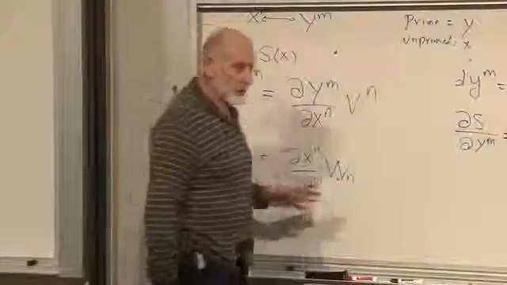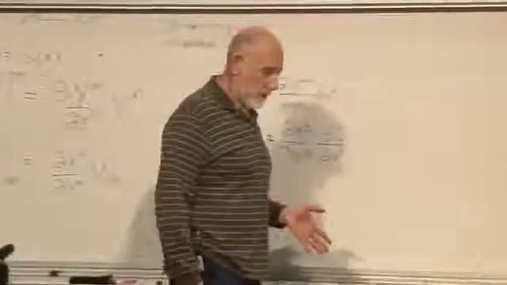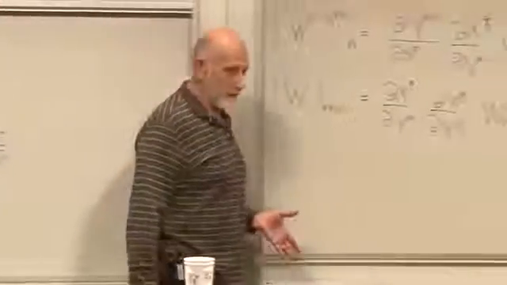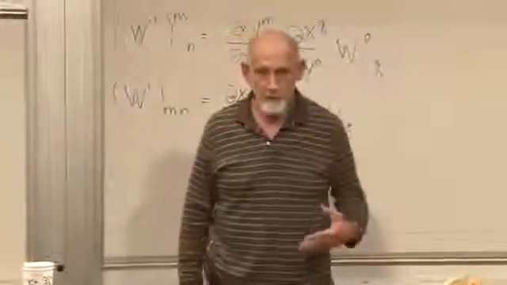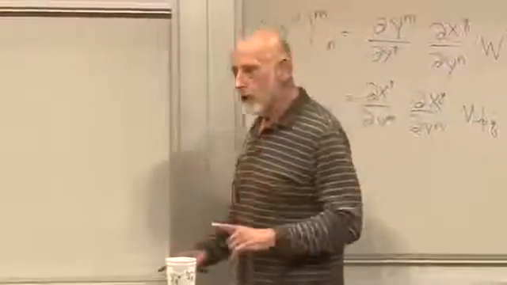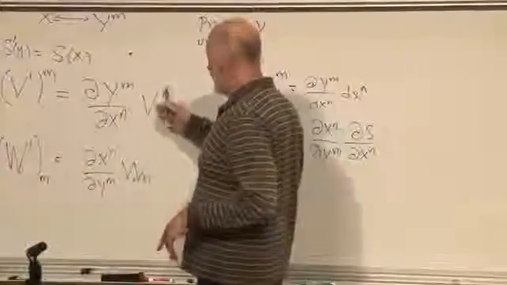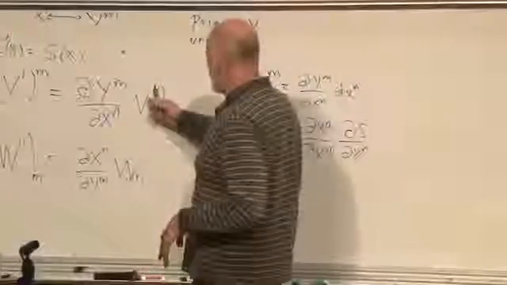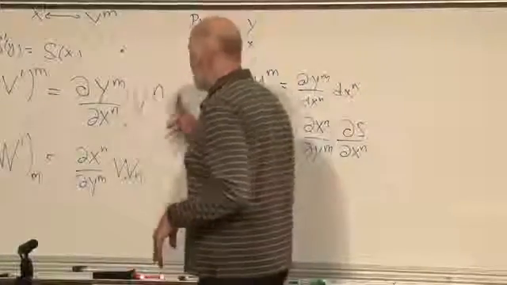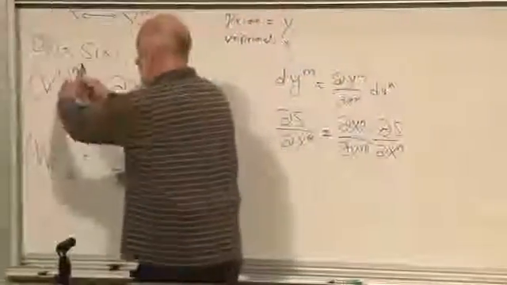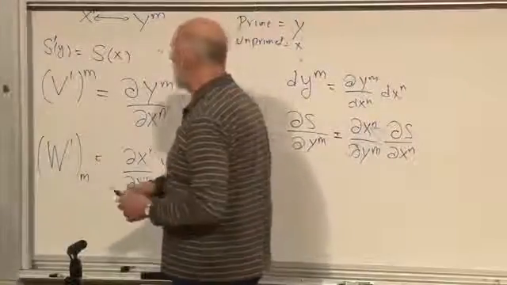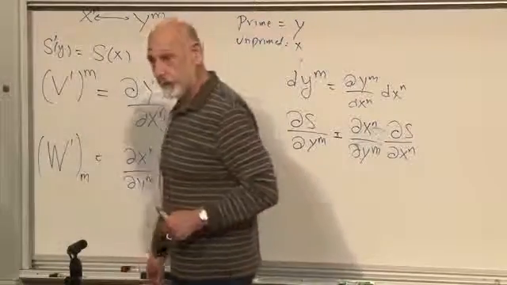For a vector to be 0, it doesn't mean some component is equal to 0. It means all of its components are equal to 0. If all of the components of the contravariant vector V^n are 0, then obviously the transformation property is such that all the components of the primed vector are 0.